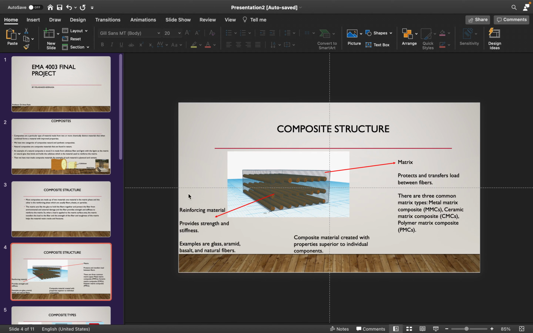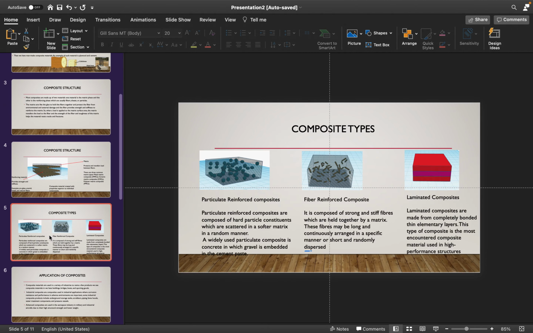Then we have the reinforcing material, which provides strength and stiffness. Examples of reinforcing materials are glass, basalt, natural fibers, carbon, and many more. And by combining these two materials together, you get a new material with properties superior to the individual components, sort of like a super material.